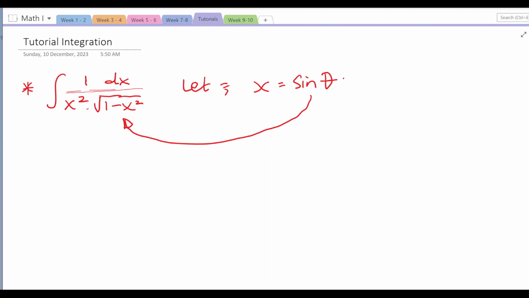We know that 1 minus sine squared theta equals cos squared theta.